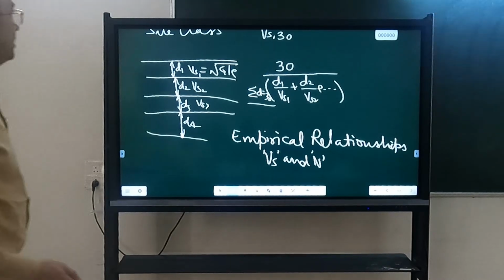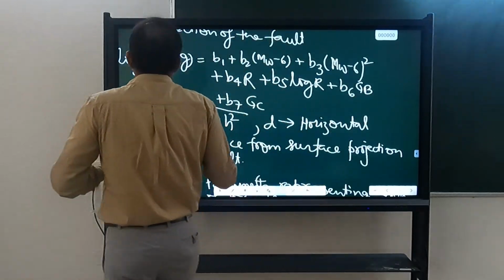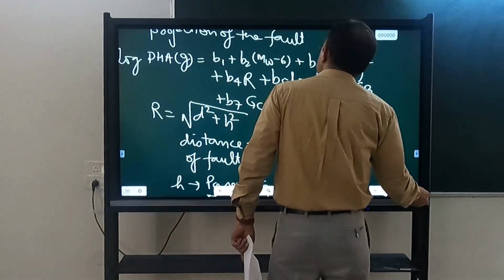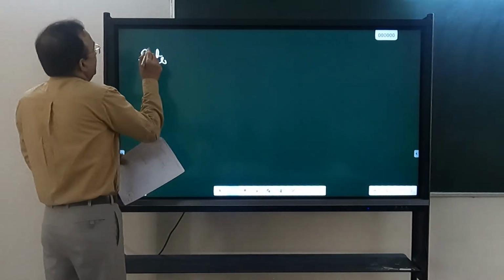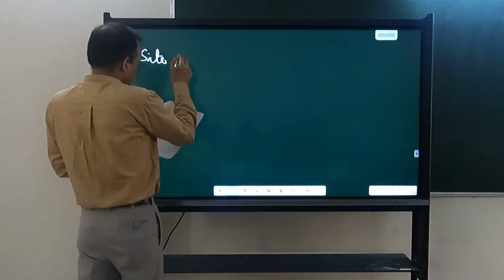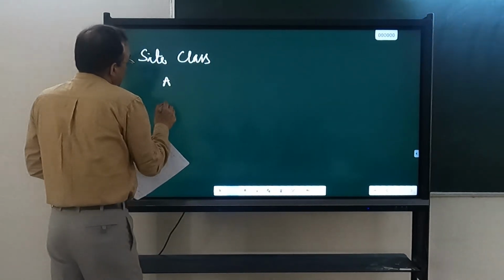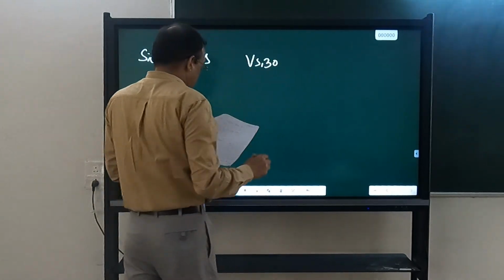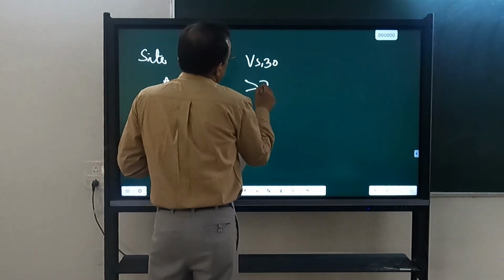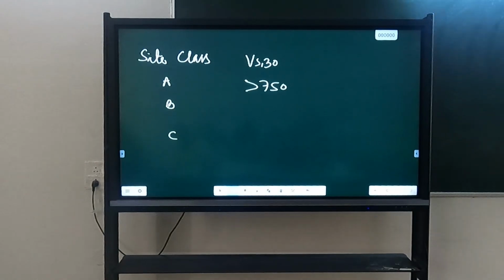The site class is based on Vs30. They considered three classes: A, B and C. Class A is rock, where the shear wave velocity is greater than 750 meters per second and N value is greater than 50.